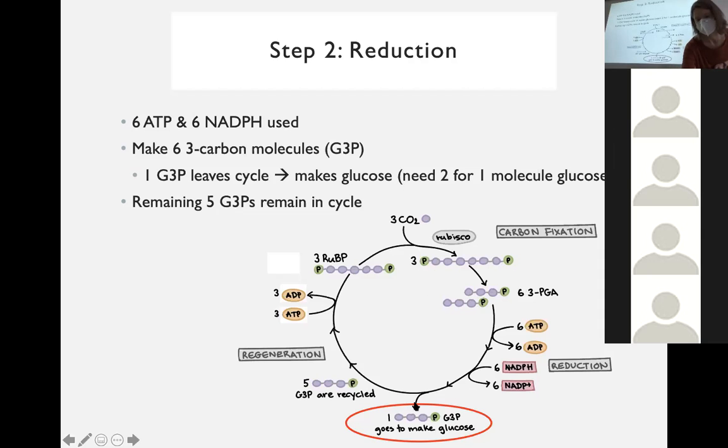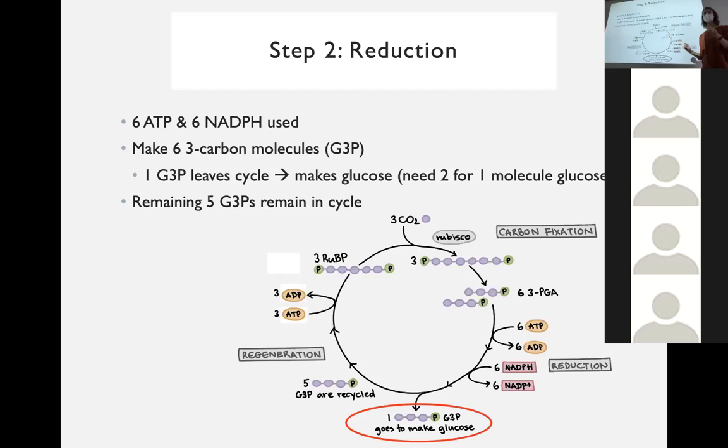Okay. So down here, you get 1 of those 3-carbon molecules leaving, and the other 5 are going to stay in the cycle. So you only need 1 G3P to leave. Good question. You need 2 to make 1 glucose molecule. So I have that here. Why is it 5 staying? That's a good question.